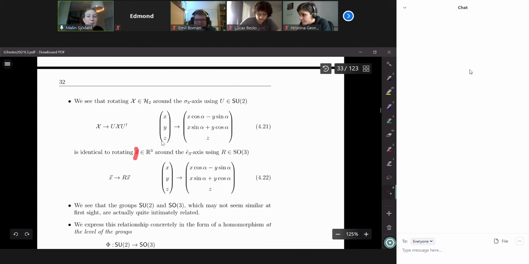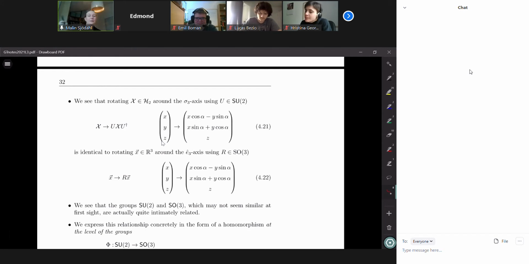So in other words, we have done exactly the same as if we were rotating x in 3 dimensions around the e hat 3 axis. So this map up here has exactly the same effect as this map down here.